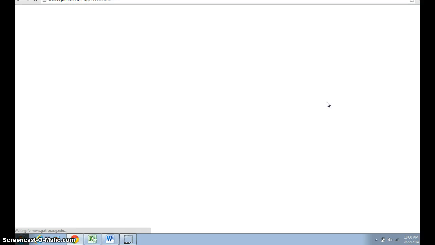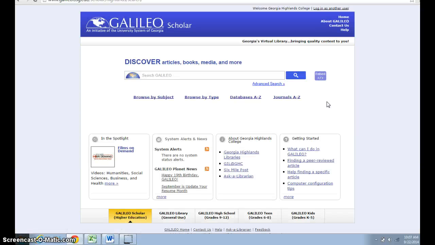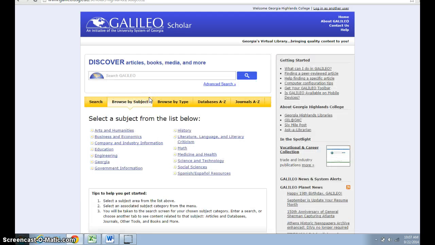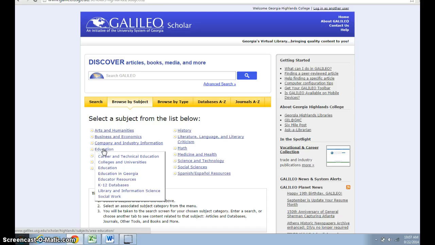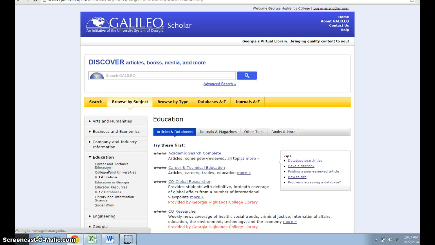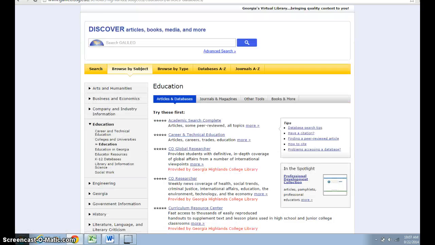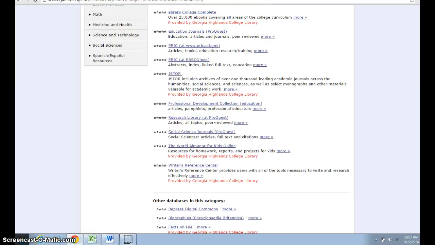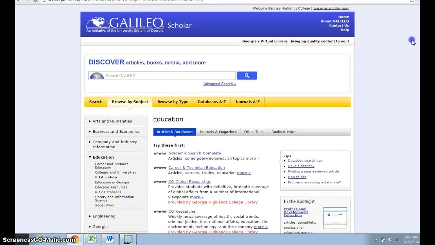If they're on campus, they won't need the password. Browse by subject. Or is it under database? It may be browse by subject, education. No, I'm in the wrong place.